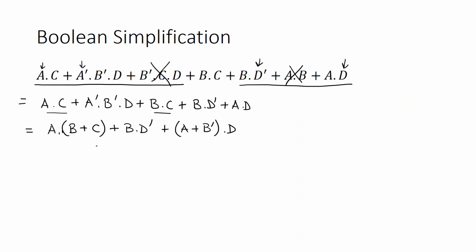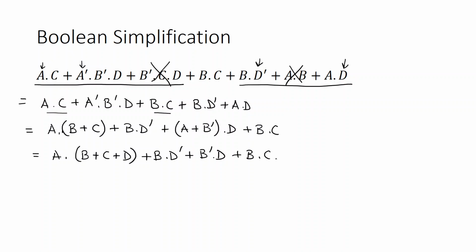So you get this term. You can also take A common from here, you get B or C or D, and then you get BD' or B'D. I think I missed the BC term. Yes, you get a BC also.